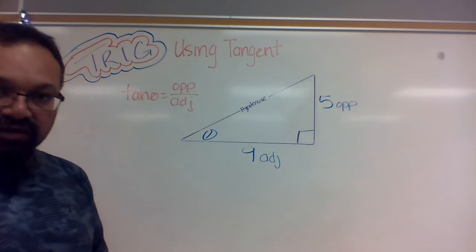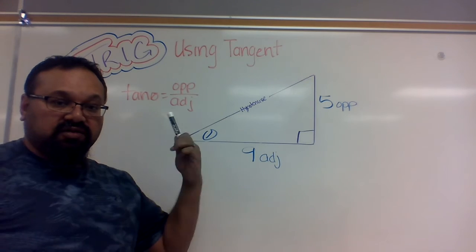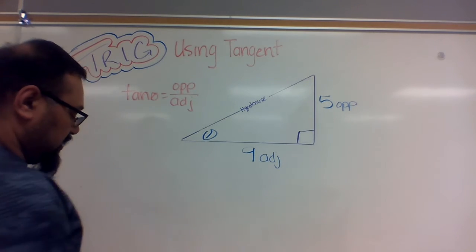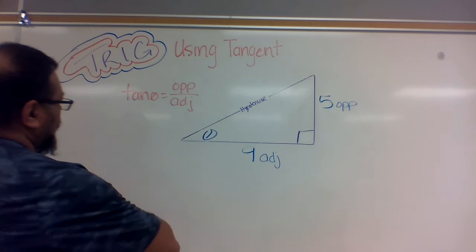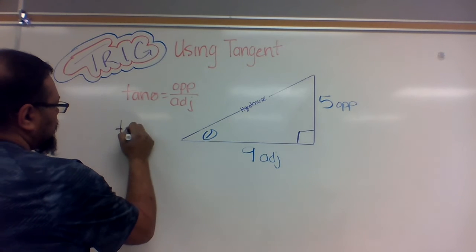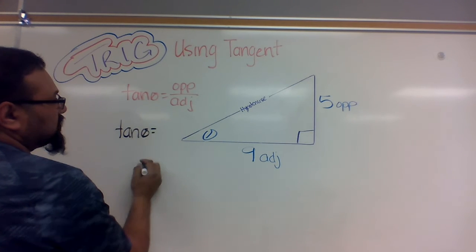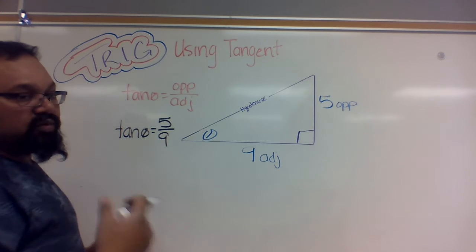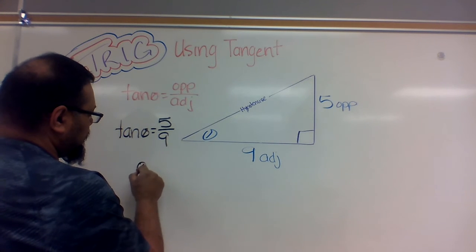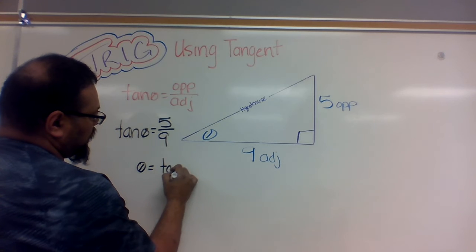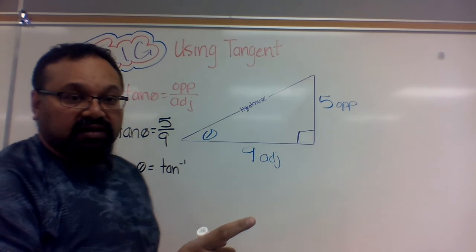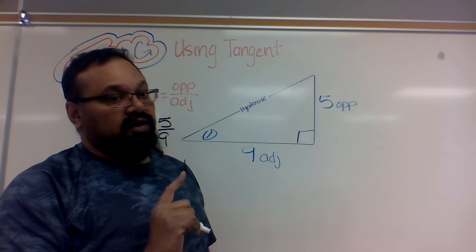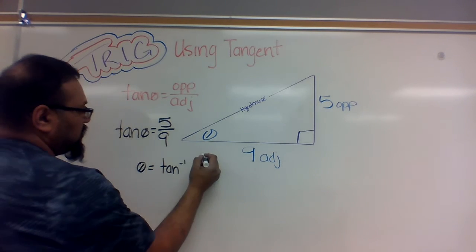Now that we have labeled the triangle, we can substitute it into our ratio and calculate our answer. So, substitution: tan of theta is equal to 5 divided by 9. When we punch it into our calculator, we're going to hit the -1 button. Remember to use the calculator that we've agreed upon, the web-based one.